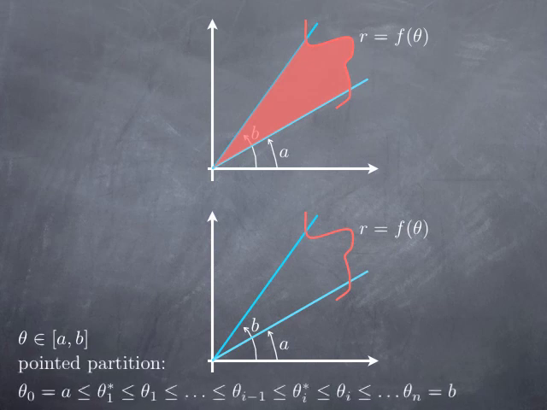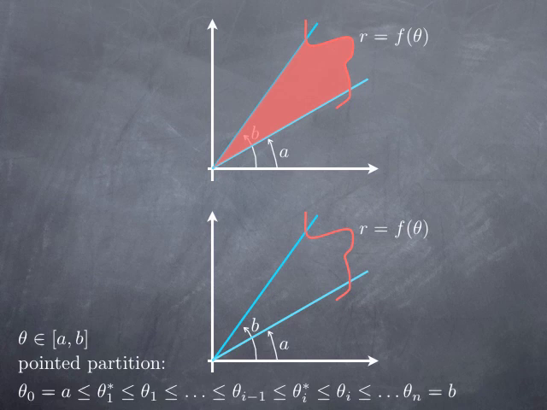So we split it into n subintervals, and in each one of these n subintervals we pick a particular value, and that's why the partition is pointed, and that's where we're going to evaluate the function.